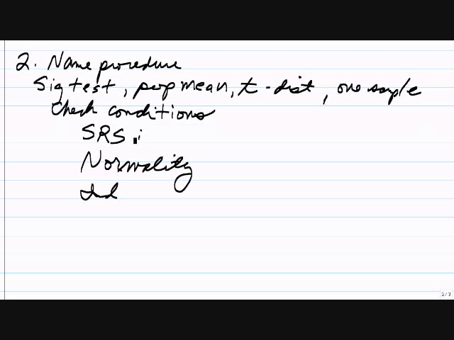And of course, did we do a simple random sample of chocolate chips from Chips Ahoy? No, we didn't, so we haven't met conditions. Normality, we got normality because our sample size was greater than 35, and so the central limit theorem kicks in and we get approximate normality of our sampling distribution, so we're good.